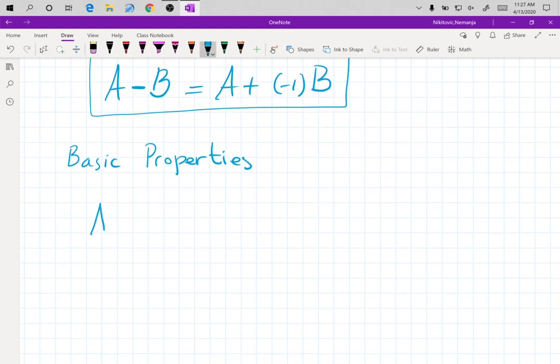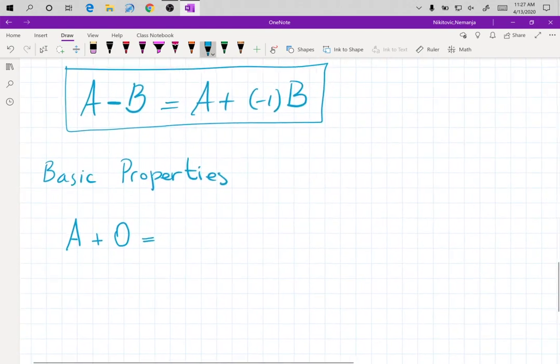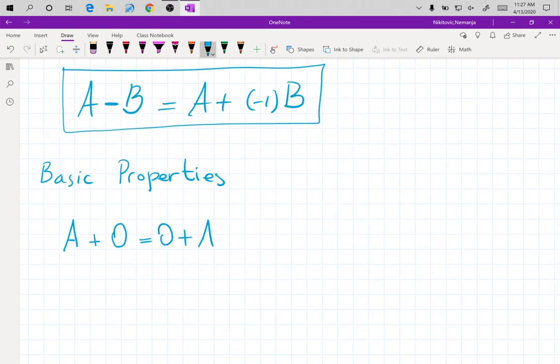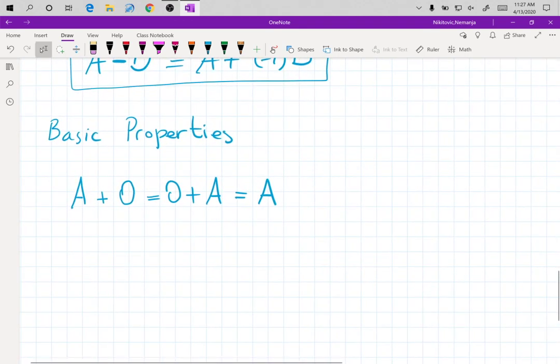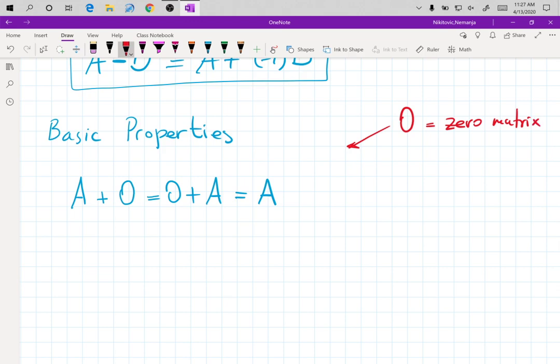Which are A plus 0 is equal to 0 plus A, which is equal to A. Now, I have to also write in blood over here, 0 is the 0 matrix of the same size.